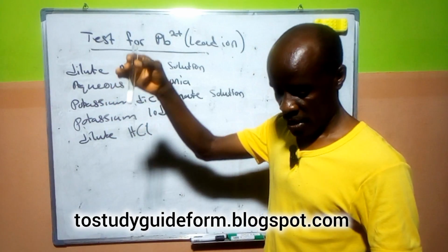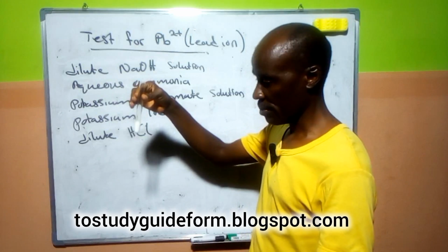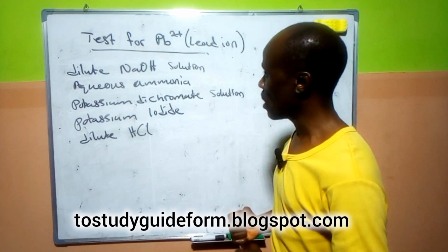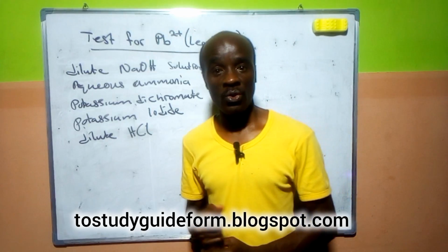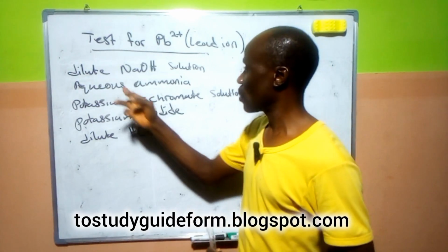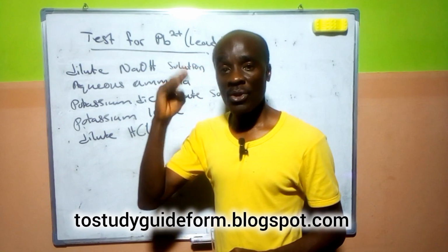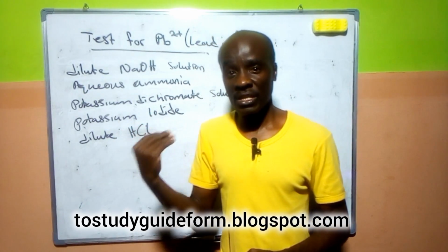You can see we have a white precipitate. This white precipitate does not necessarily mean it's lead ion. This white precipitate can mean that it is calcium, because calcium ion also gives us white precipitate. Another thing that gives us white precipitate is aluminium, which gives a gelatinous precipitate. The same thing with zinc.